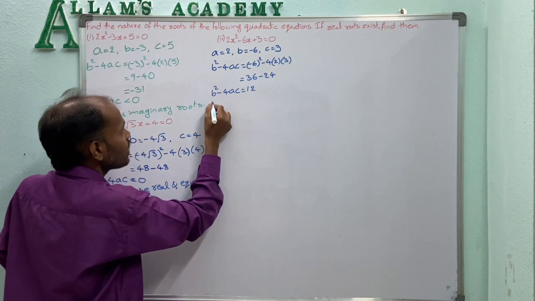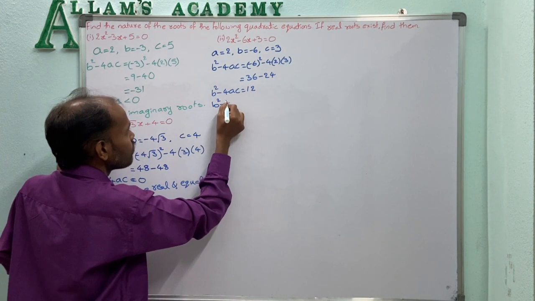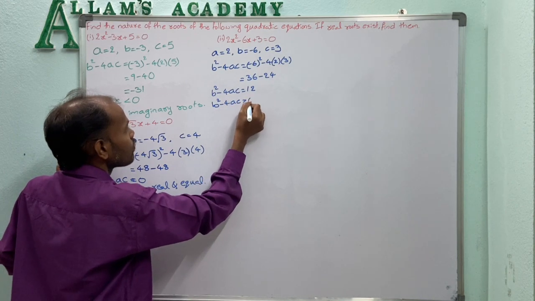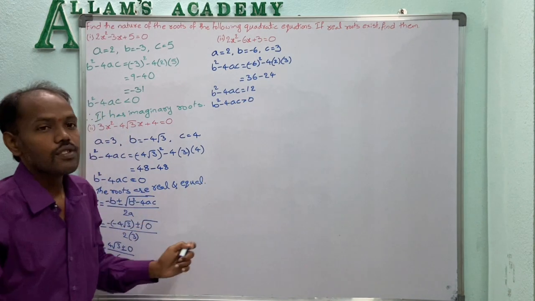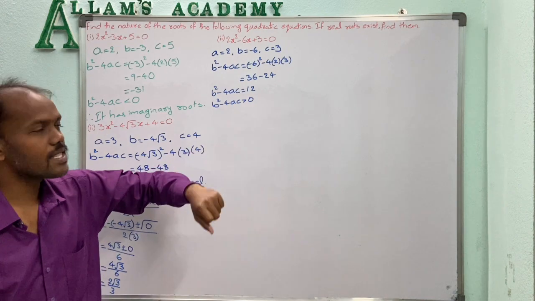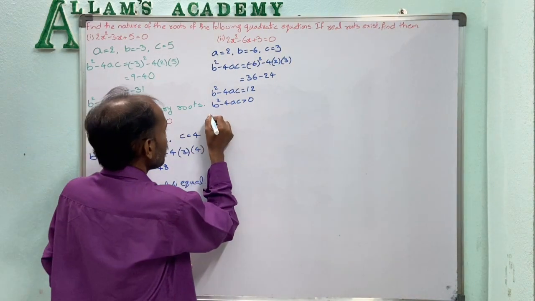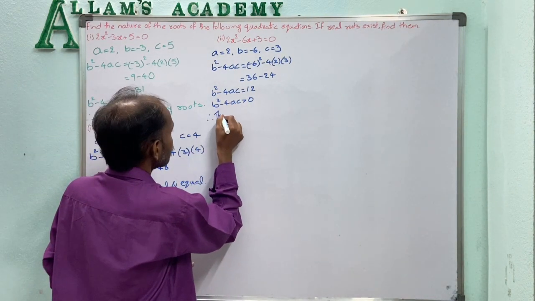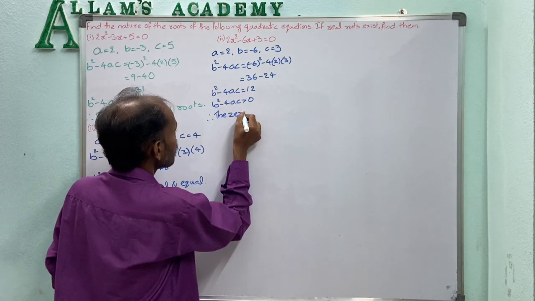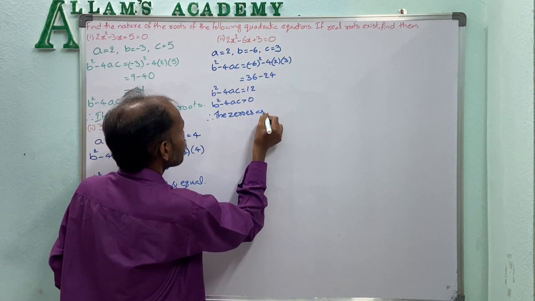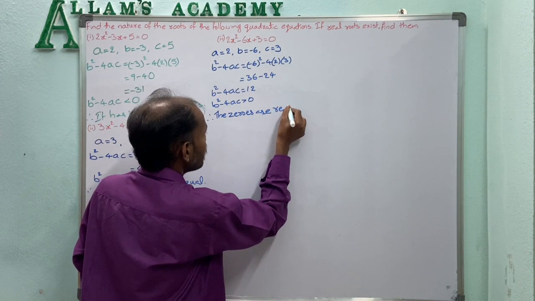Now 12 is greater than 0. So b square minus 4ac is greater than 0. Then the roots, that means the zeros, are real and distinct.